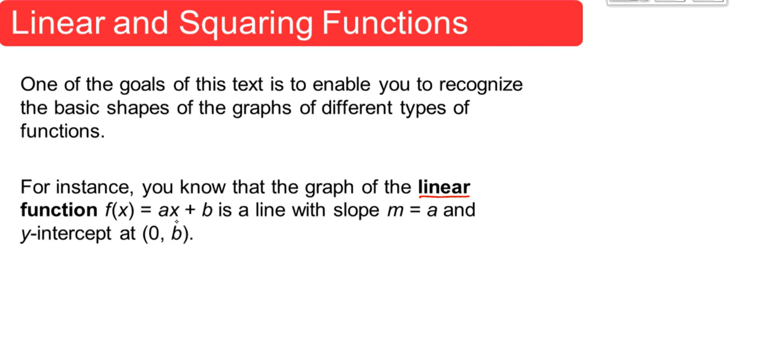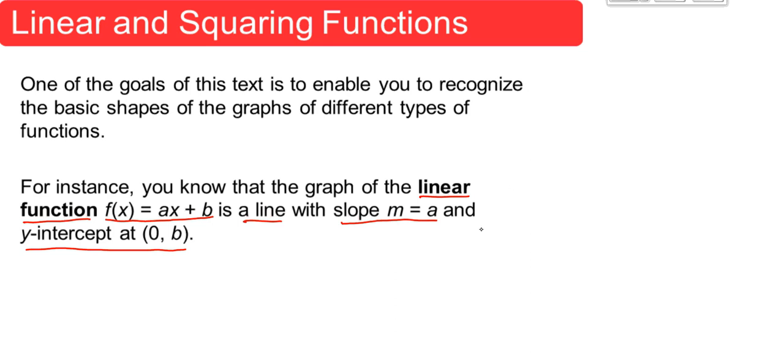A linear function, f of x equals ax plus b, is a line. It has a slope of m equals a and a y-intercept of (0, b). This is our first function, and we want to write a lot of things about it. I'm just going to start listing things off.